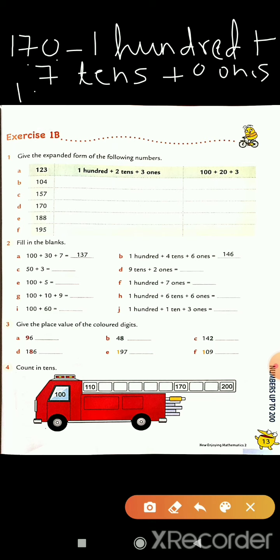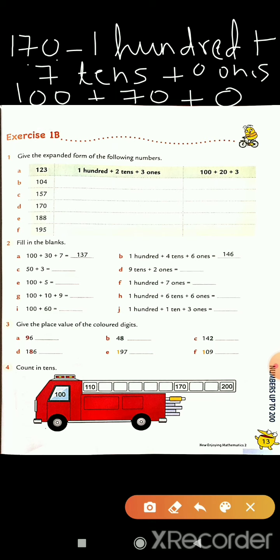So it can be written as 100 plus 7 tens means 70 plus 0 ones means 0. Okay students, so E and F, that is 188 and 195, you try it by your own self.